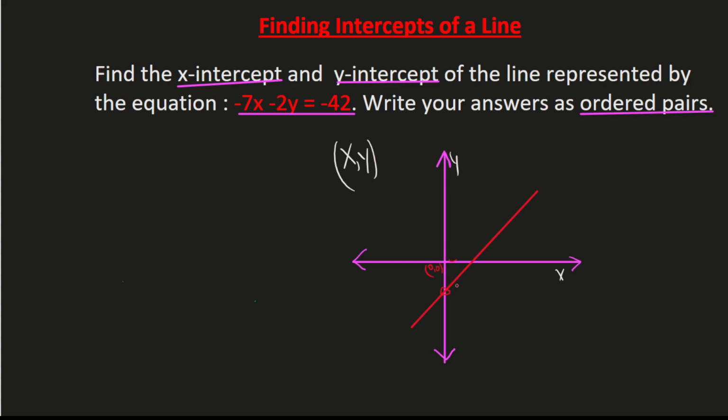If we need to write this as an ordered pair, this is another pair, x, y. This is called an ordered pair, x, y. So this is the y-intercept.